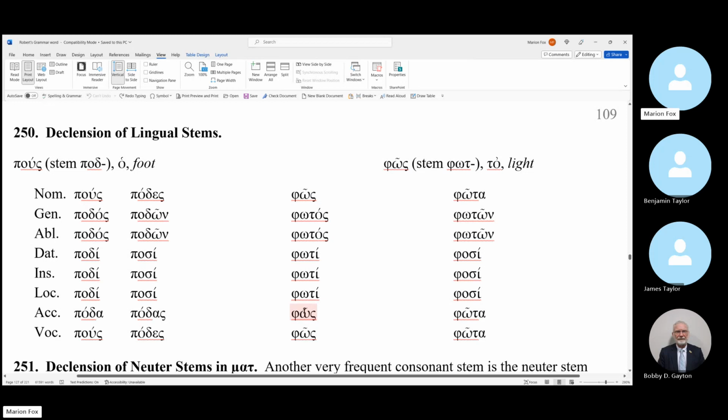So you wouldn't even have to see that article up there to know that it is neuter when you see the full declension here. That's the only one where the nominative and the accusative are the same form, both singular and plural.